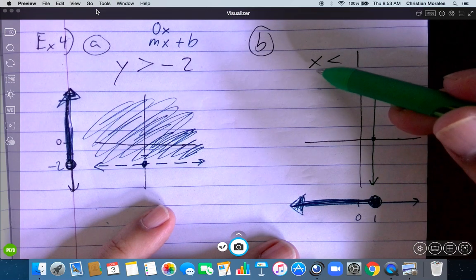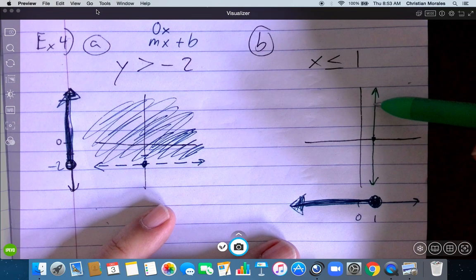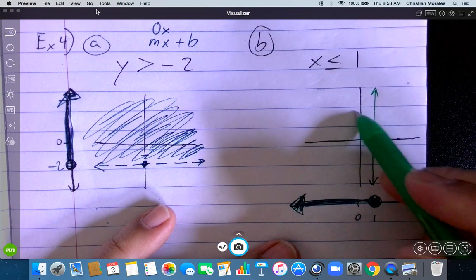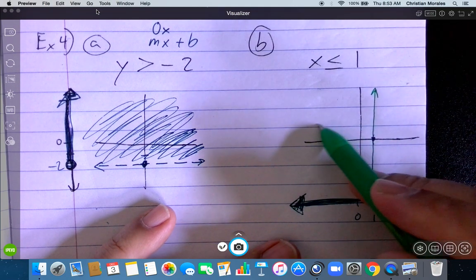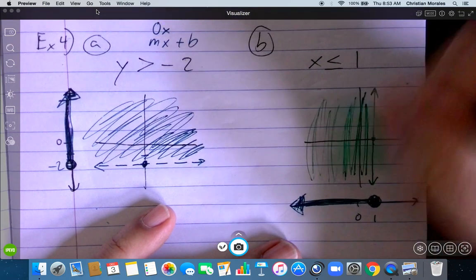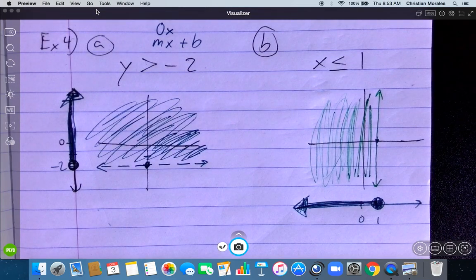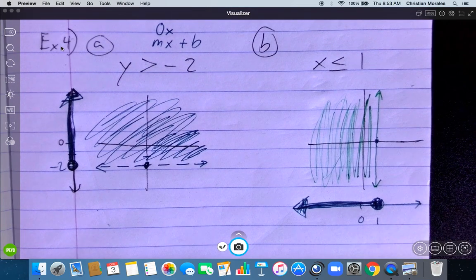Okay, what does it say about x? X is less than or equal to. So if x is less than, guess where you're going to shade? In the less than direction. In this case, where the negative numbers go. So you're going to shade over here. And guys, that's what that would look like. Okay? And that's it.